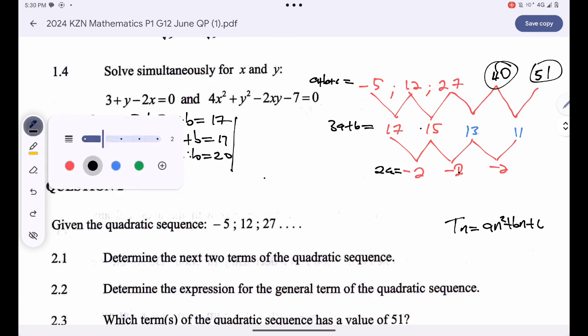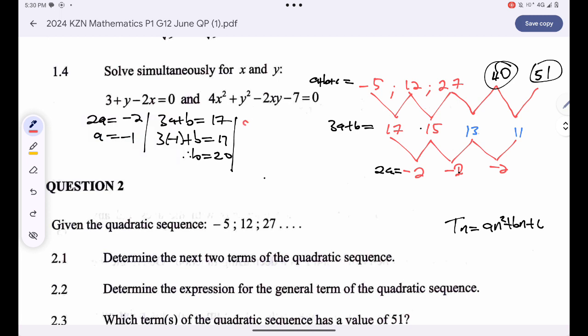Then let's go and find the value of c. I know that a plus b plus c should be equal to negative 5. a is negative 1, b is 20, and I don't know the value of c. So I simply have the value of c to be equal to negative 5 minus 19. That's negative 24.